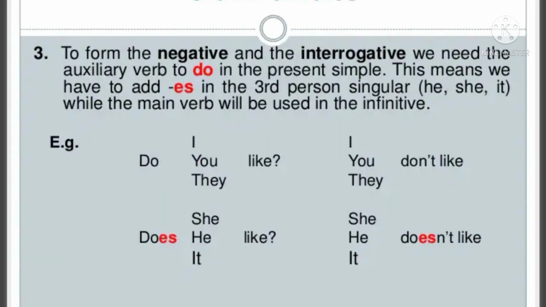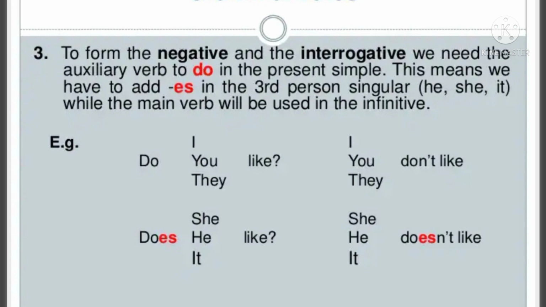In order to form negative and interrogative sentences, we use the auxiliary verb do or does. For example, do I, do you, do they like. If it is a negative sentence, we use don't: they don't, I don't.